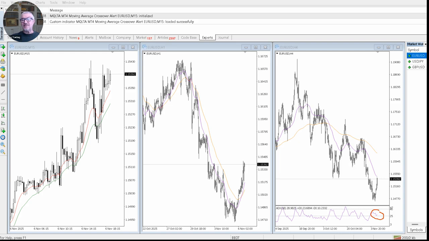If the plus DI is greater than the minus DI, it also means that the trend is slightly moving upwards, which we can see right here. If it were to be the reverse, that the minus DI is greater than the plus DI, it would mean that the trend would be slightly moving downwards. Do not get paranoid or hung up on these numbers here.